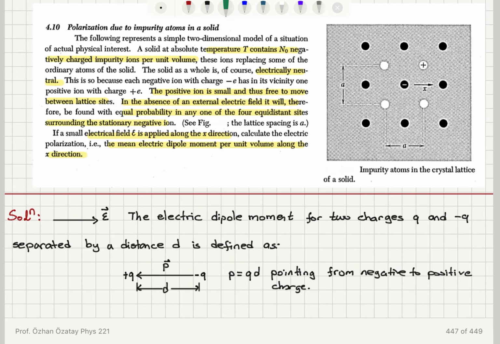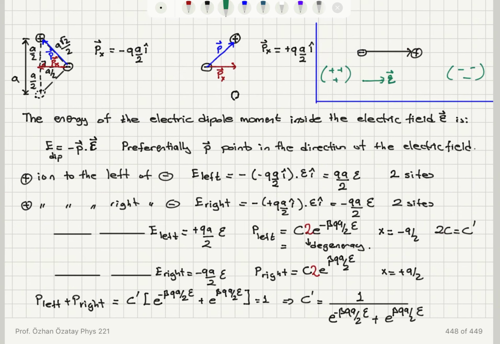So here q is the electron charge E. And if the positively charged ion is to the left of the negatively charged ion, then you can see that the x component of the electric dipole moment will be minus qa over 2 i hat. If it's to the right, it will be plus qa over 2 i hat. And writing the energy for these two configurations, if it's to the left, energy is qa over 2 epsilon. To the right, it's minus qa over 2 epsilon.